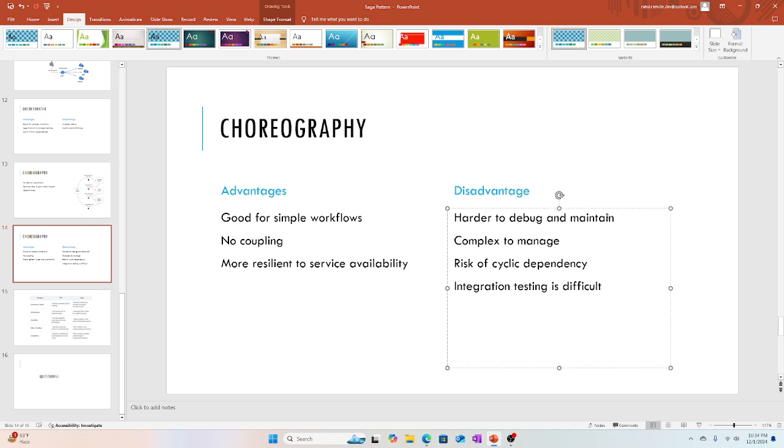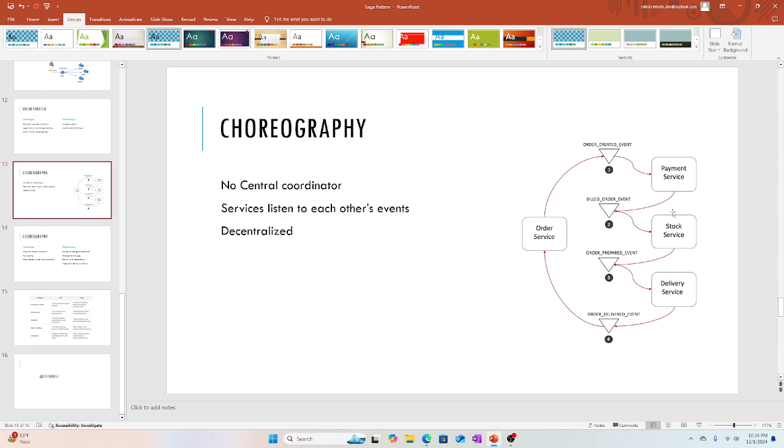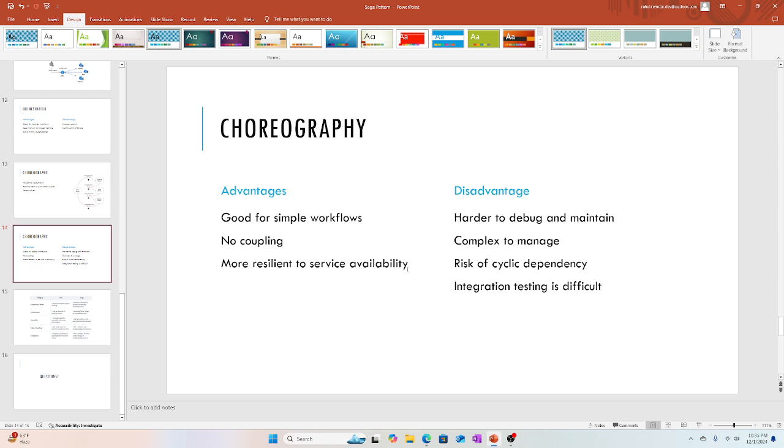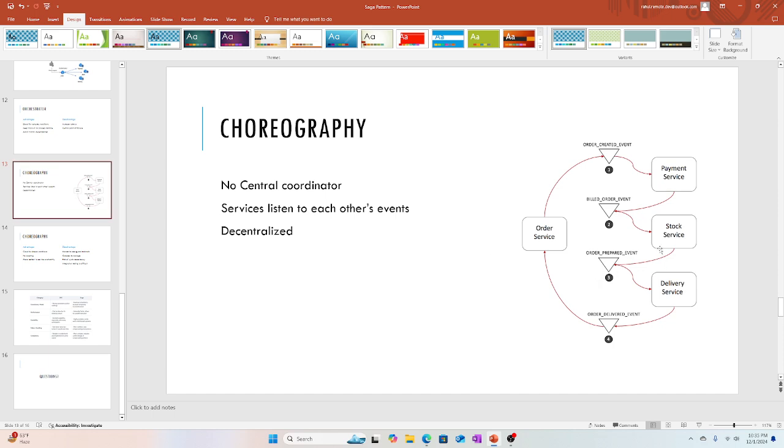And there are a few disadvantages. If any service goes down and is unable to perform its operation, it's hard to tell where it failed. So it's harder to debug and maintain the application, and the maintainability cost will increase in this case, and there may be chances of cyclic dependency, and integration testing is very difficult there, as if one more service is going to be added, then one more event needs to be created and the whole communication will be reflected there.